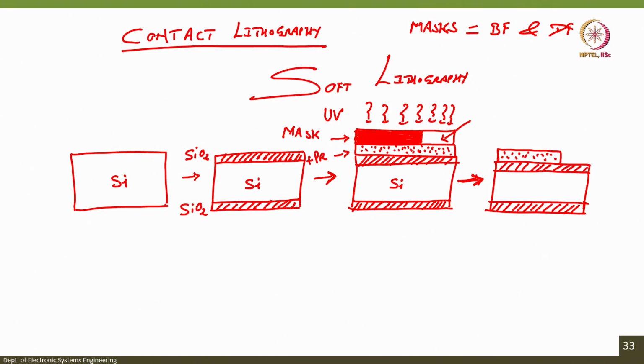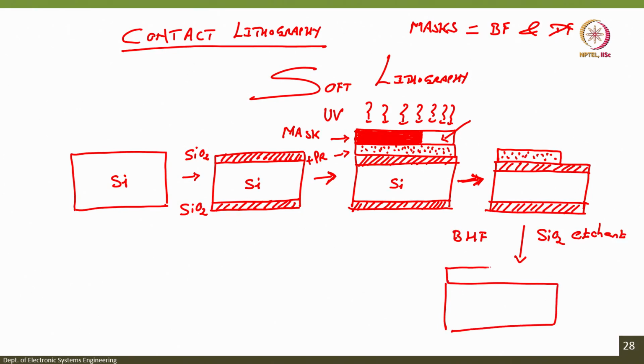Now, our idea is to create a step, and to do that, the next step is we will dip this wafer in silicon dioxide etchant. What is silicon dioxide etchant? Do you remember? BHF, buffer hydrofluoric acid. So, when you do that, you will have your photoresist intact, because photoresist should have a high etch resistance.